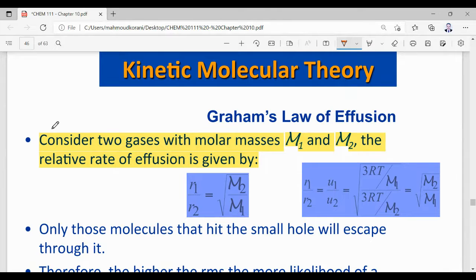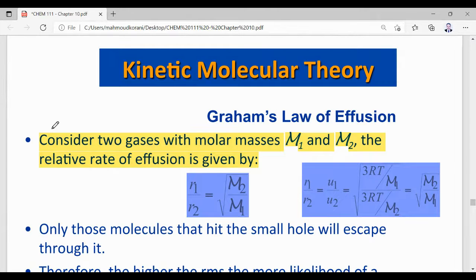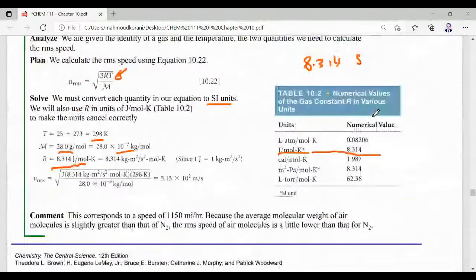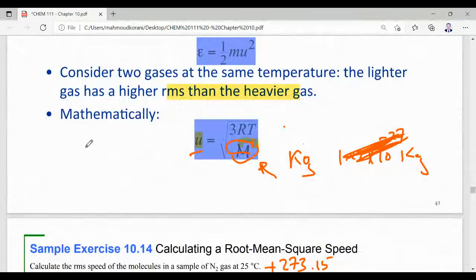the rate of effusion is directly proportional to U, which is called the root mean square value of the speed. So if you have two gases and two rates, you have U1 and U2.